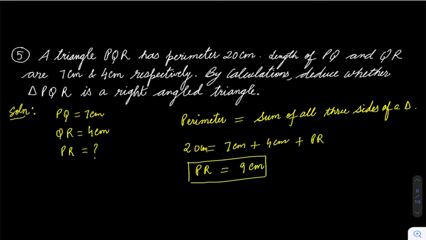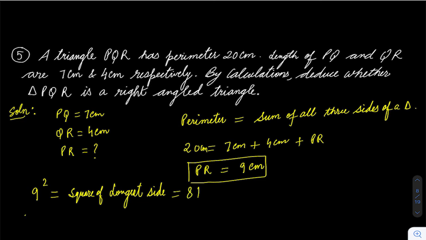So now first see which side is the longest. So obviously PR is the longest, 9 centimeter. So let's check. Square of the longest side is 9 square, which is 81.